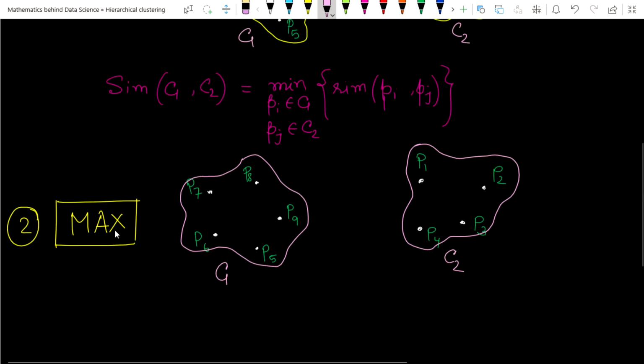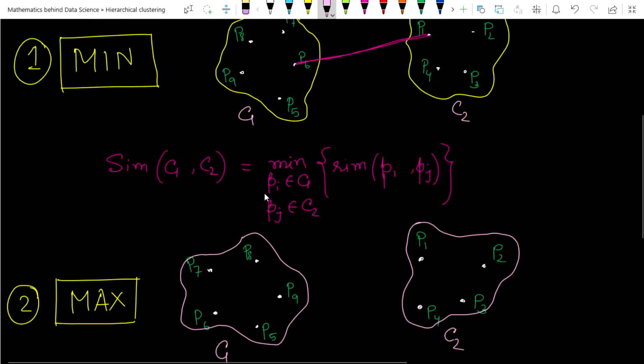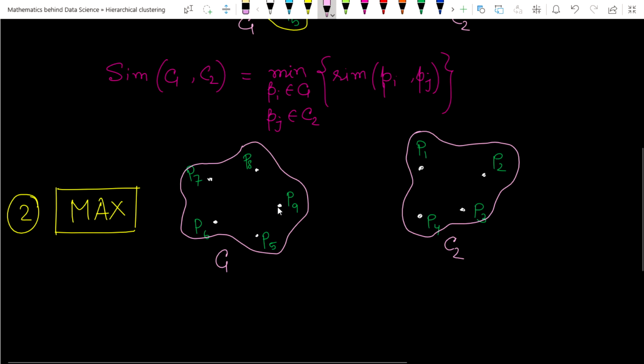Now using the max concept, the same things are applicable here. First you have to compute the similarity or distance value between pairs of points on two different clusters, and we have to find the maximum distance value.